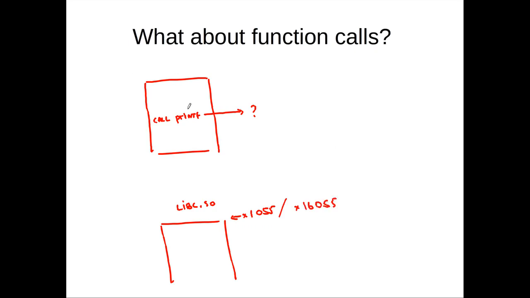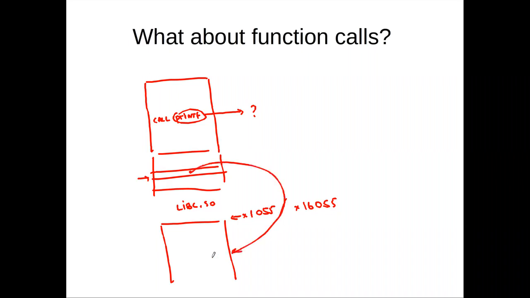So what can you do? You can probably do the same trick. You can say, GOT, first of all, let's go here and pick up the address of printf and go here. And this trick would work, totally. This trick works, don't be surprised.